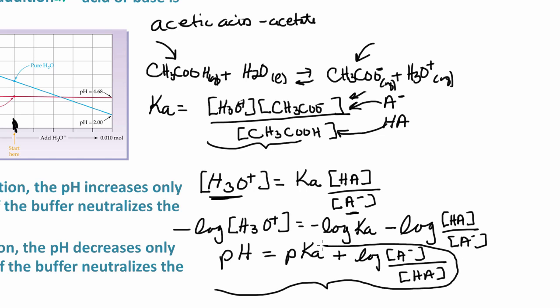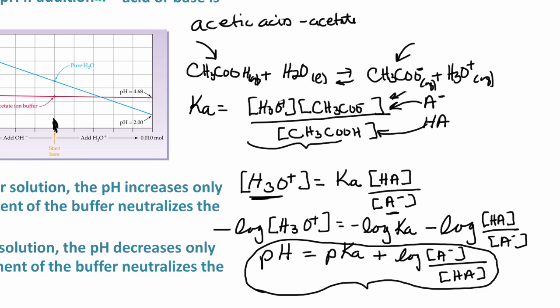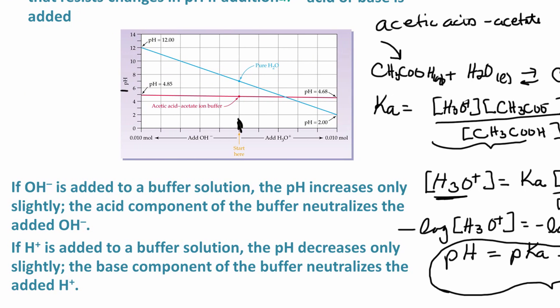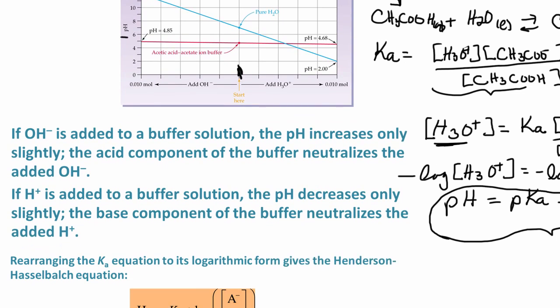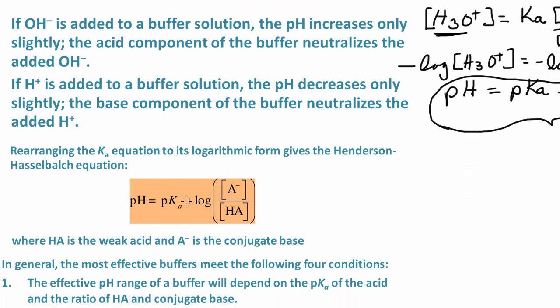And this is what you're going to need in order to determine the pH of a buffer system, or you can determine how much acid or how much base you would need. And again, I'm not going to go into the properties of logs here, just take my word that that is the equation. So here it is again, and this is called the Henderson-Hasselbalch Equation.